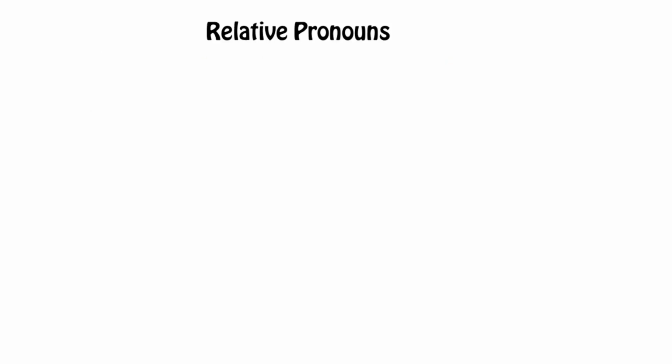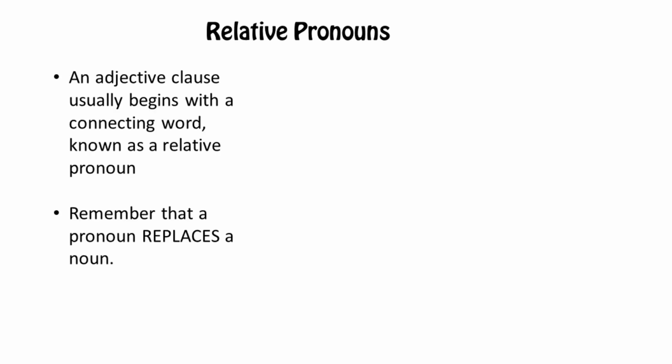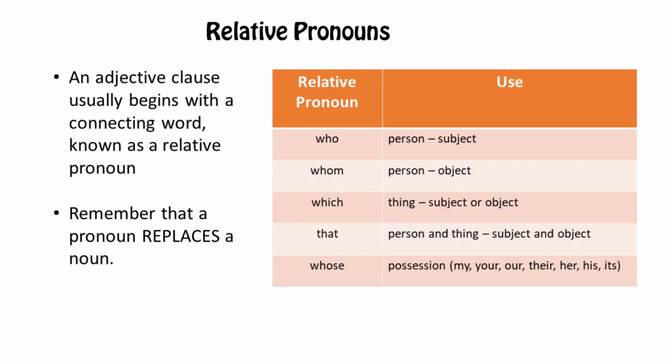An adjective clause usually begins with a connecting word known as a relative pronoun. Remember that a pronoun replaces a noun. There are 5 relative pronouns that have different usage. Who is for a person as subject. Whom is for a person as object.